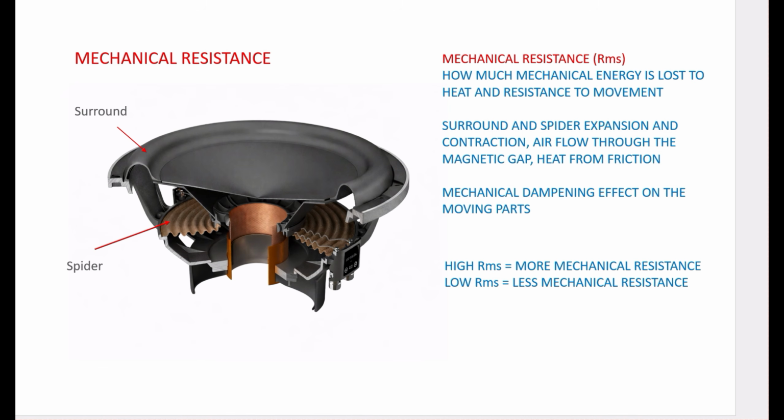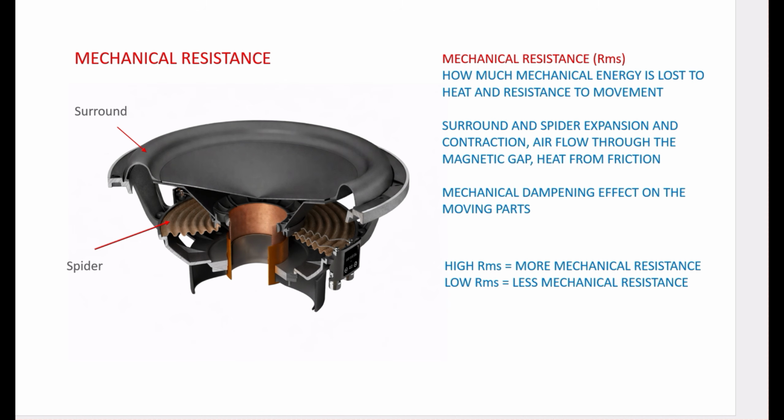Right, just to wrap up the whole speaker suspension piece, I just want to talk about mechanical resistance. Now, mechanical resistance is part of the speaker dampening and combines with electrical resistance. We'll talk about dampening once again later in the tutorial.